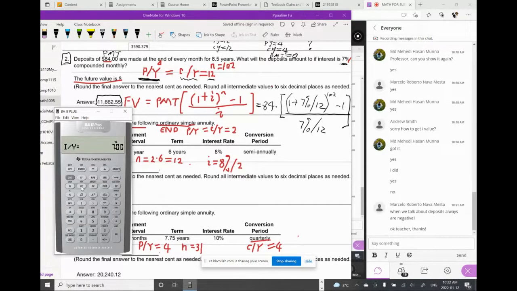When you use a formula, you have to use 7% divided by 12. When you use a calculator, you directly type in the number 7 without percentage, without dividing by 12. Any questions? So I entered IY.